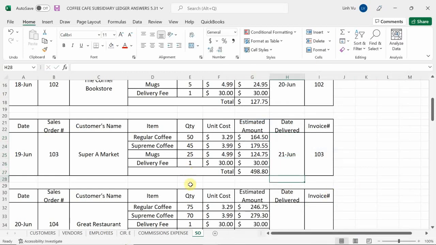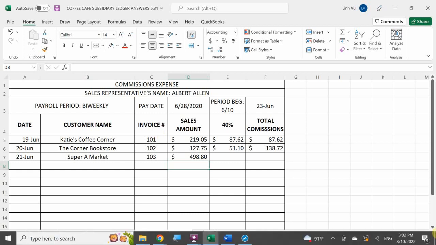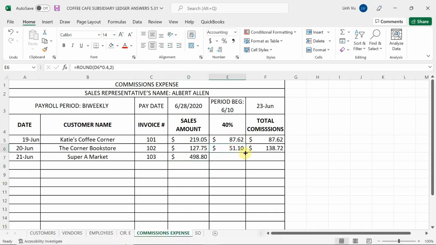And then now we can update the commission expense for Albert. It's Super A Market, invoice 103, total of 498.80. And then the commission is 199.52.